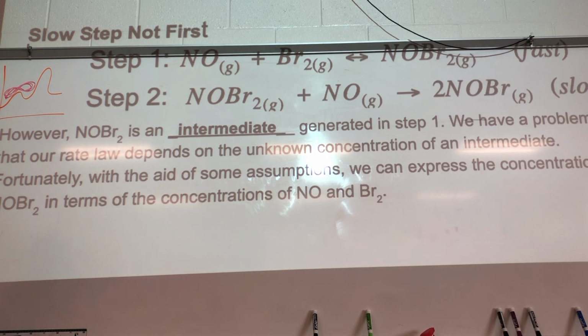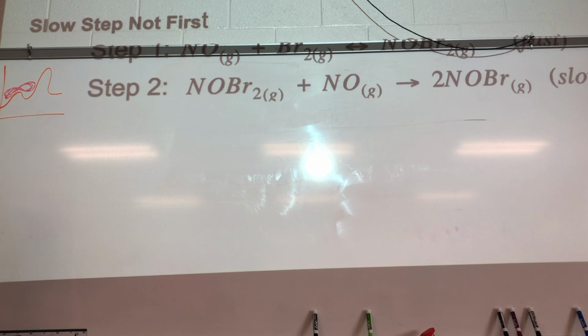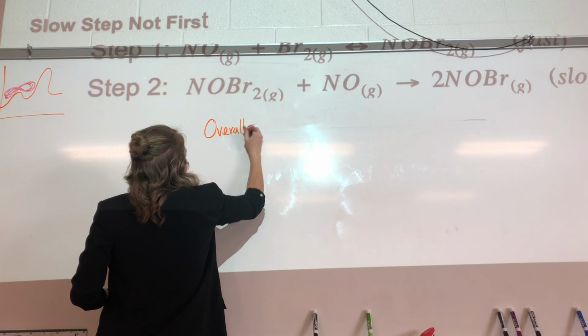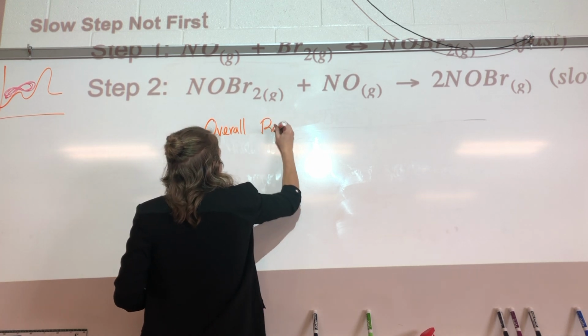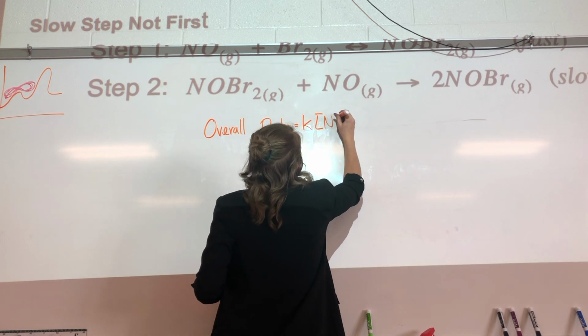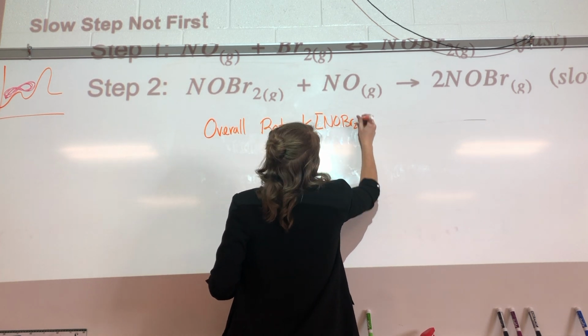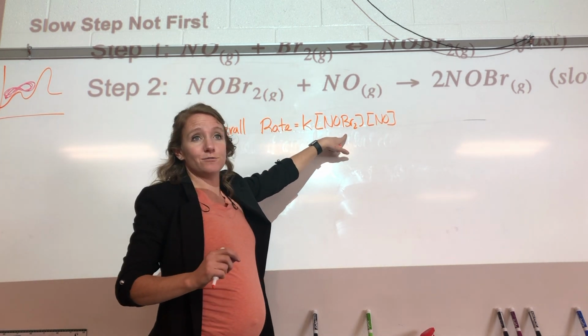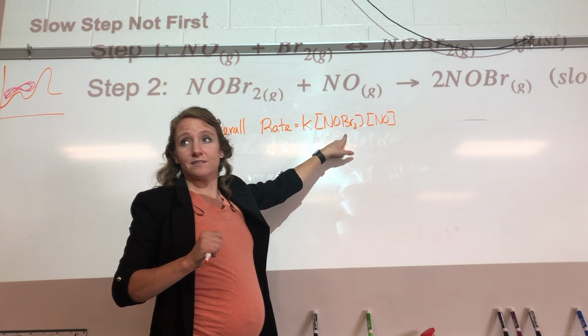So what we can do, I'm going to go to the next one just so I have a little bit more room here. If you turn your page over, I've copied those same equations again if you want to do this on the other page, or you have space at the bottom, you can do it there too. So the overall rate should be equivalent to the slowest step. But we need to substitute the intermediate.